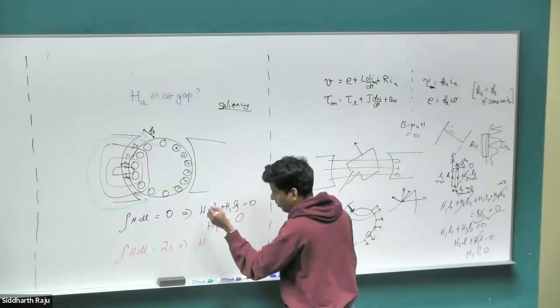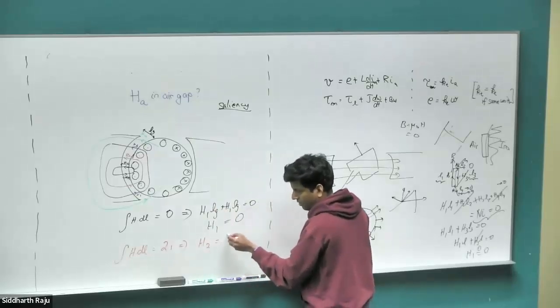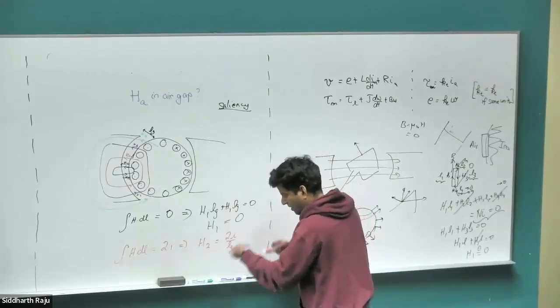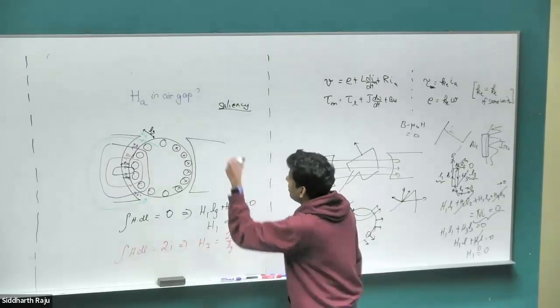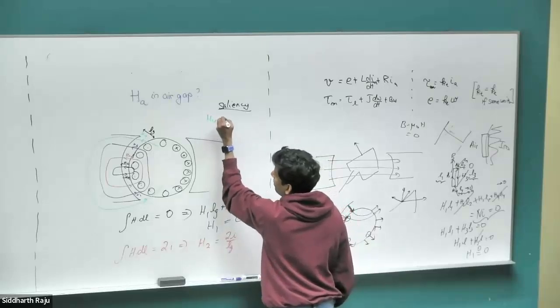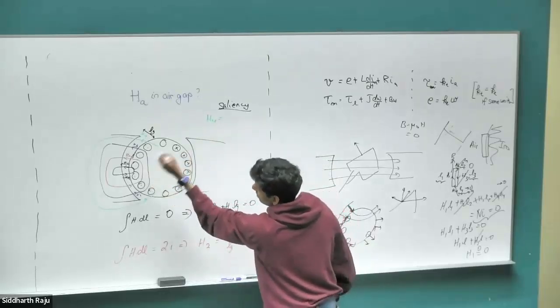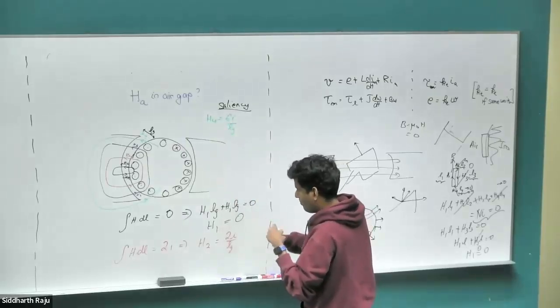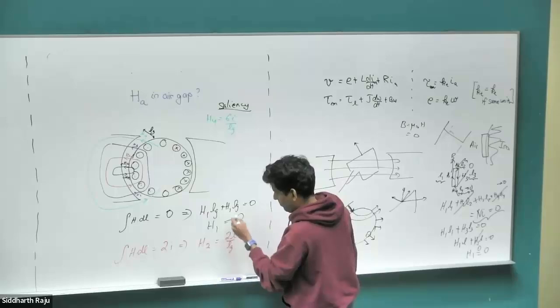So my H2, going by the same process, is going to be 2i by Lg. The rest of it is pretty straightforward. It's going to be 4i by Lg. And then 6i by Lg. Oh, by 2 Lg, right? Sorry.